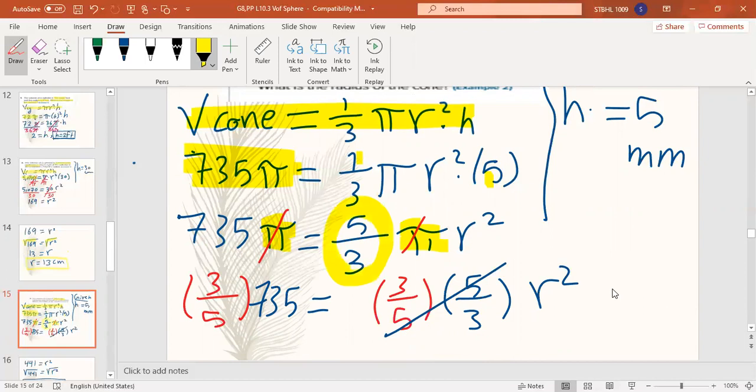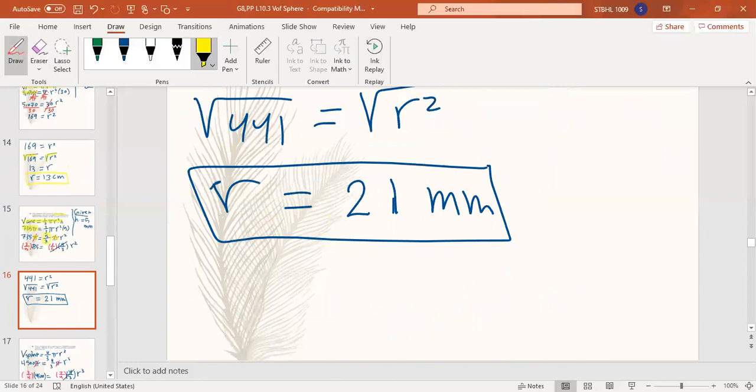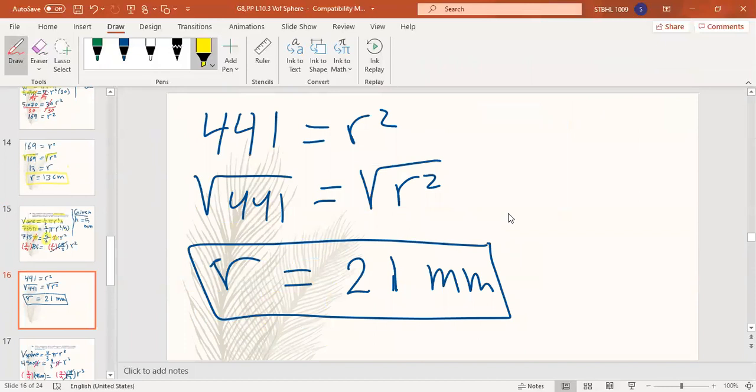It means divide by 5 over 3 or multiply by reciprocal of 5 over 3, which is 3 over 5. So multiply both sides by 3 over 5. By 3 over 5, you will get rid of the coefficient of r squared, and we will get that 441 equals r squared. And to get r, we need to take a square root of both sides. So r equals 21 millimeter.